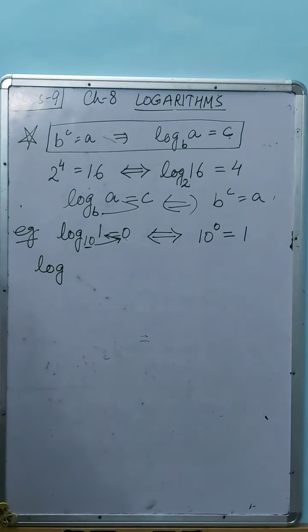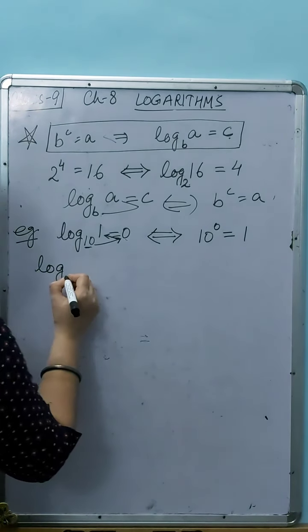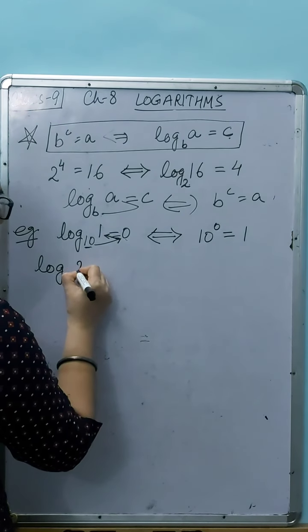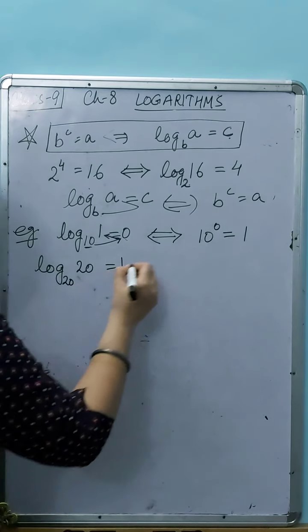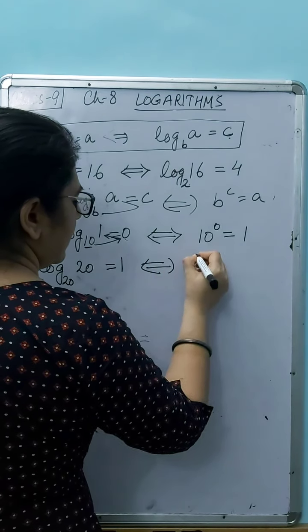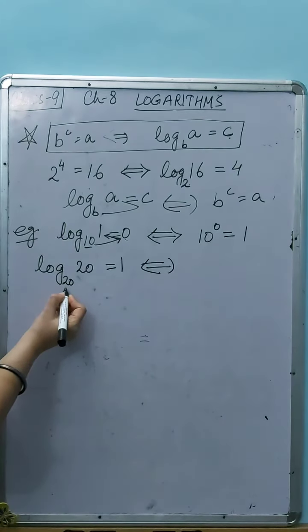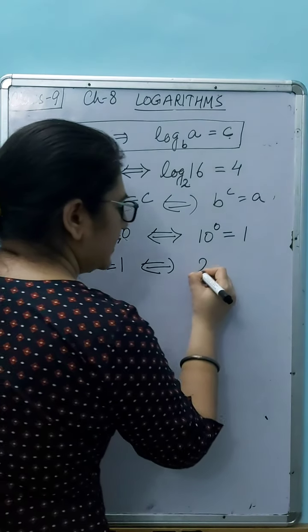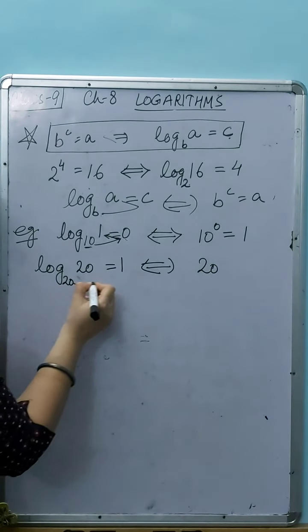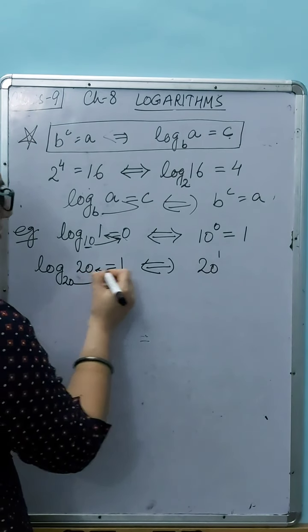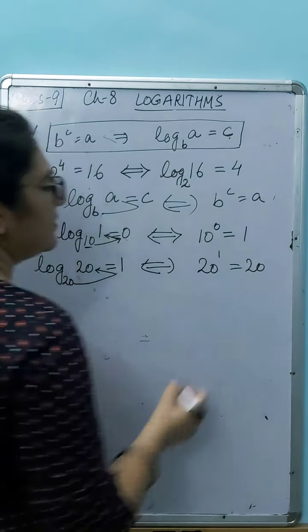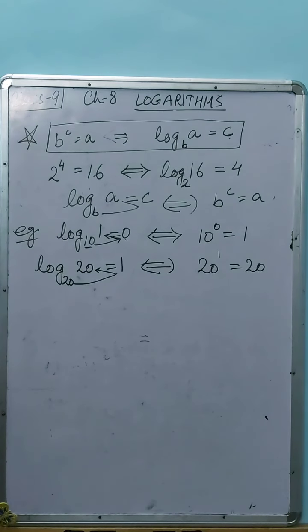Log base 20 of 20 is 1. First of all, we start from this number 20, then move to this number raised to power 1, then move to this number, is equal to 20. Very simple. One more example.